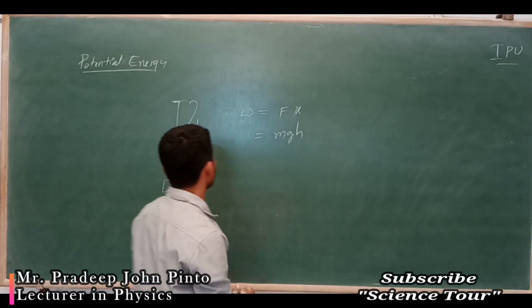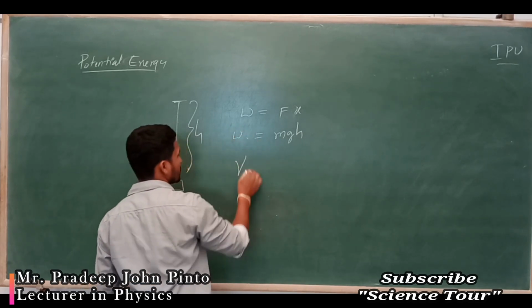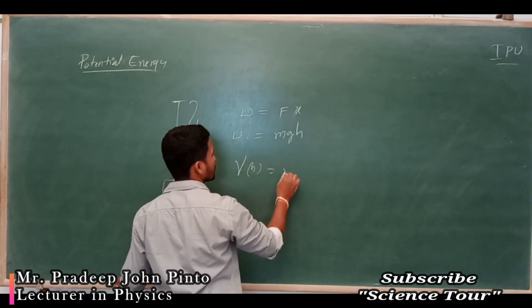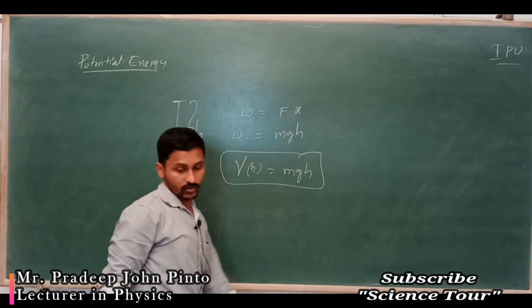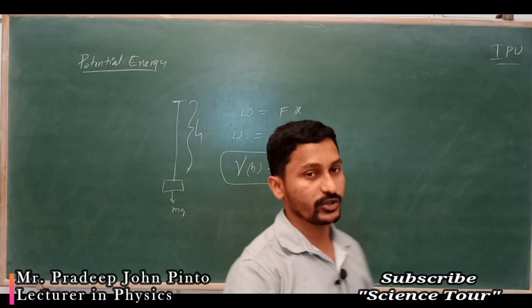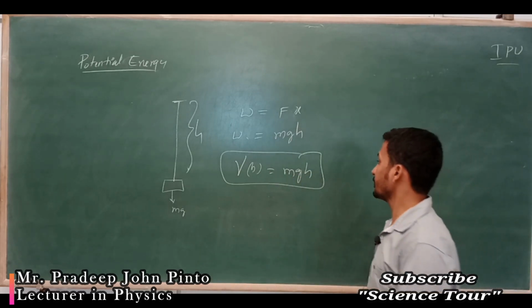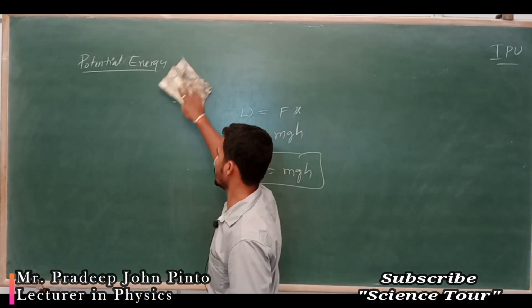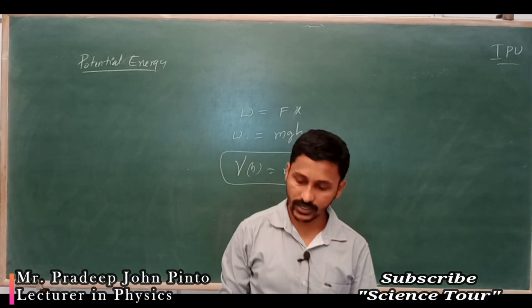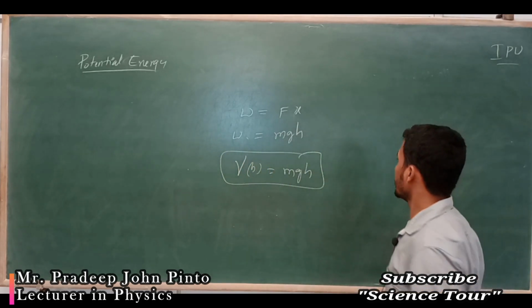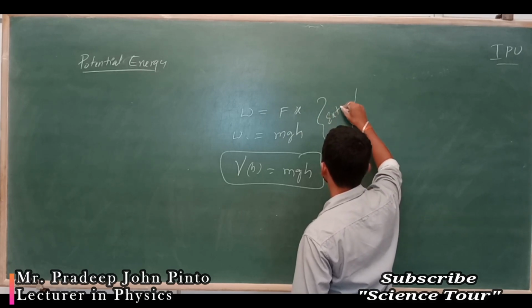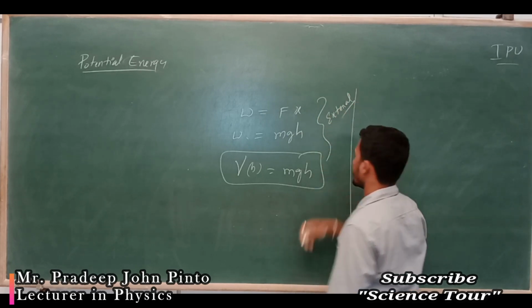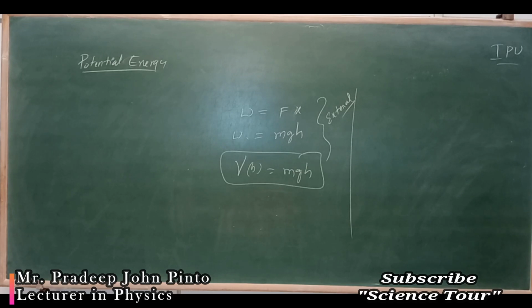So the work done is mgh, and we represent the potential energy as V of h equals mgh. This is the work done by the external force, and that is the potential energy.